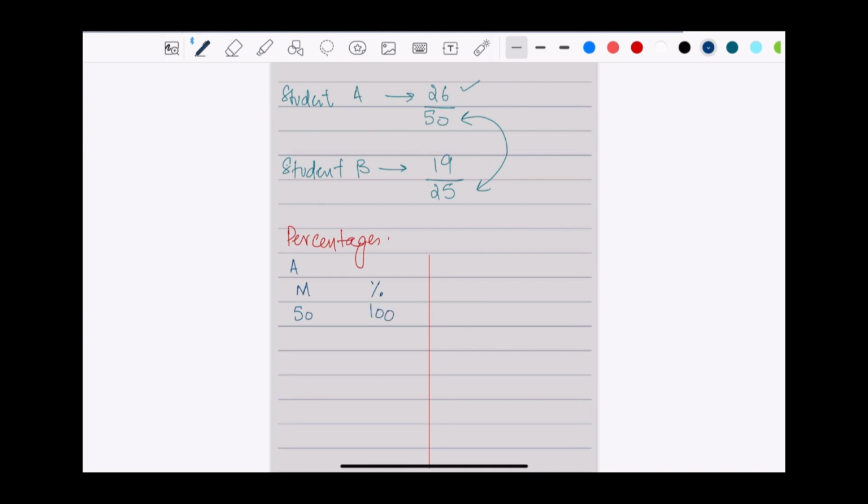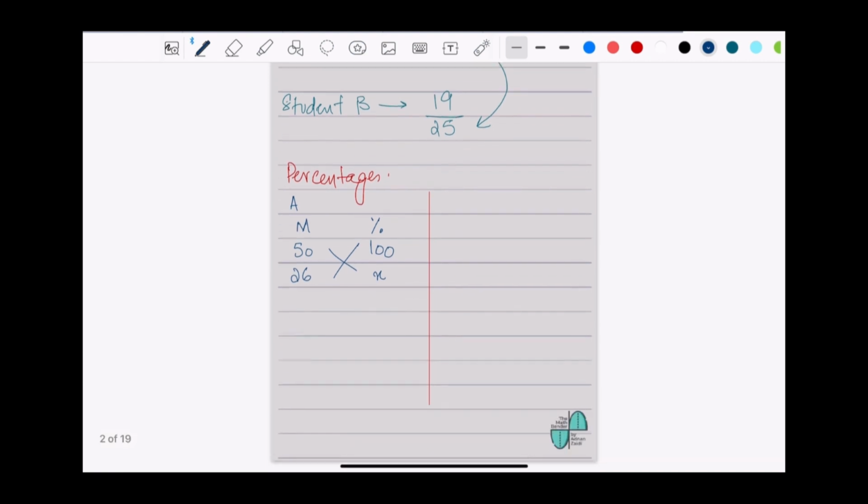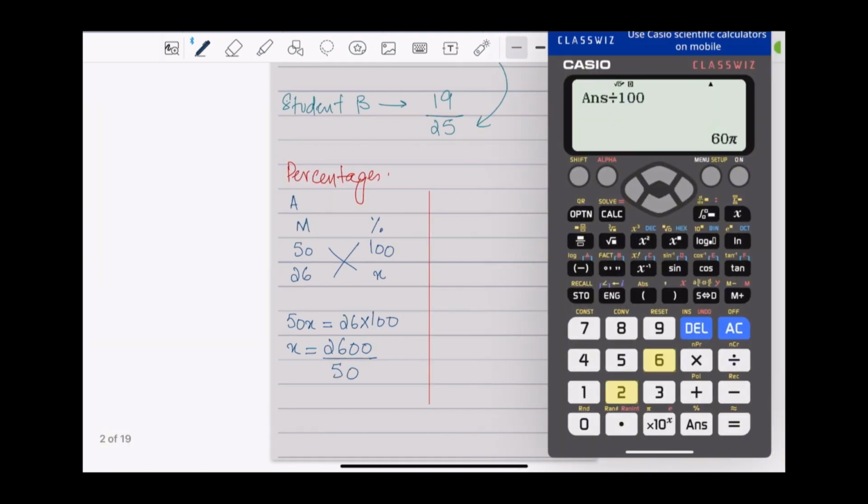The score that he made was 26. Let's call it X percent, and we cross multiply them. So this will become 50 times X is equal to 26 times 100, and X is equal to 2600 over 50, which gives you 52%.